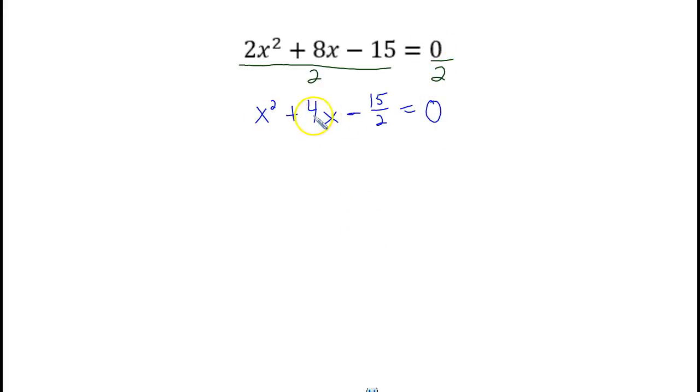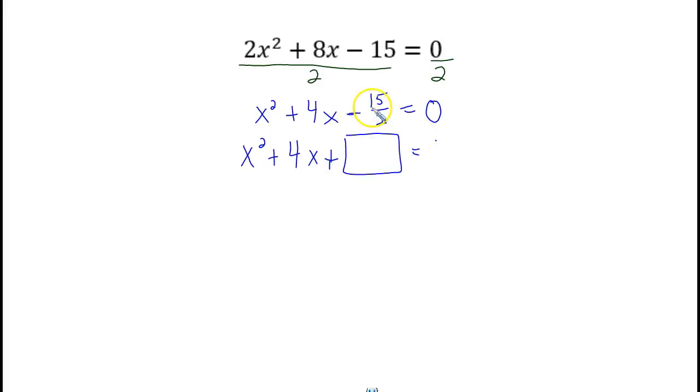So now I have a situation where the leading coefficient is 1, and I can go ahead and complete the square with the same steps that we used in our last video, which is first to put your x's, x squared plus 4x, on one side, leave yourself a space there, so plus something, and add or subtract this constant to the other side.